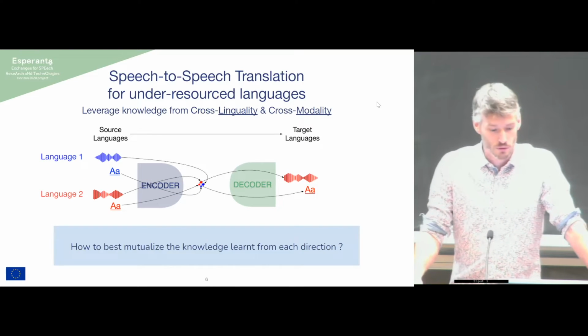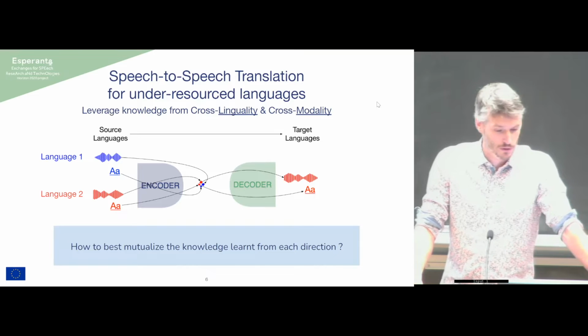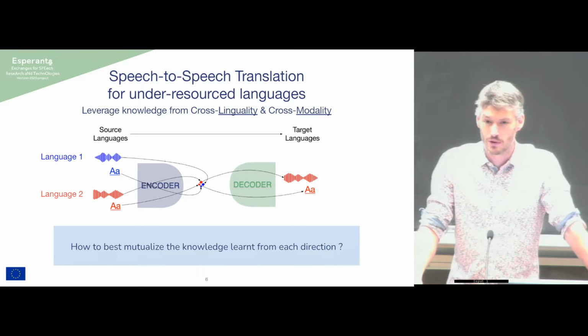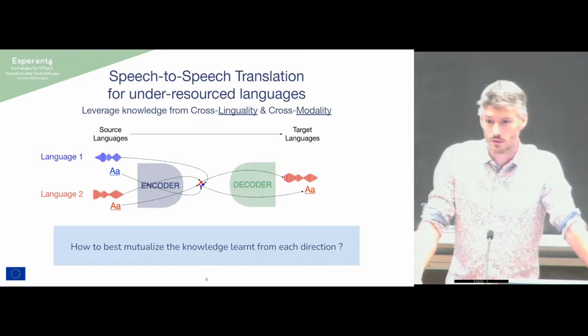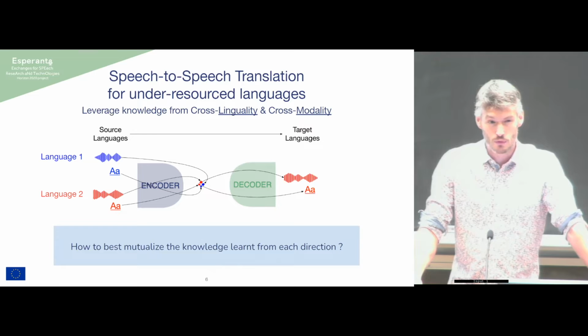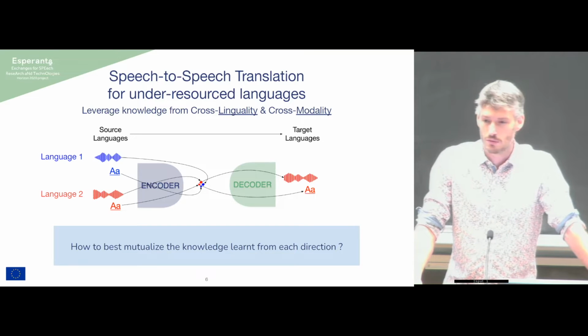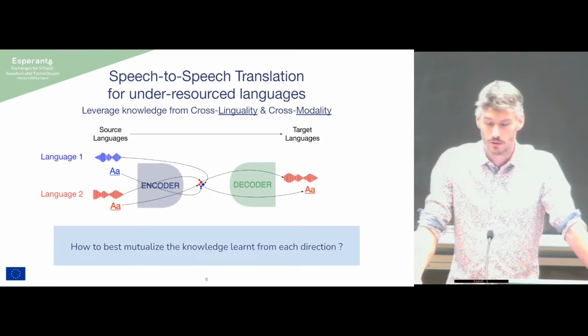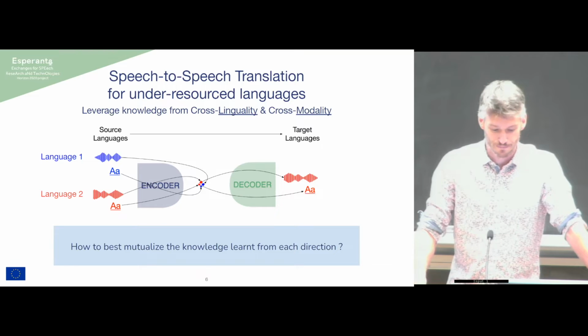If you combine both, and that's what we tried to do this summer, then you can leverage information from different languages, so cross-linguality, and also different modalities. You can use text and speech. But the thing is, if you want to use all this data, then how best can you mutualize the knowledge you learn from any language or modality?